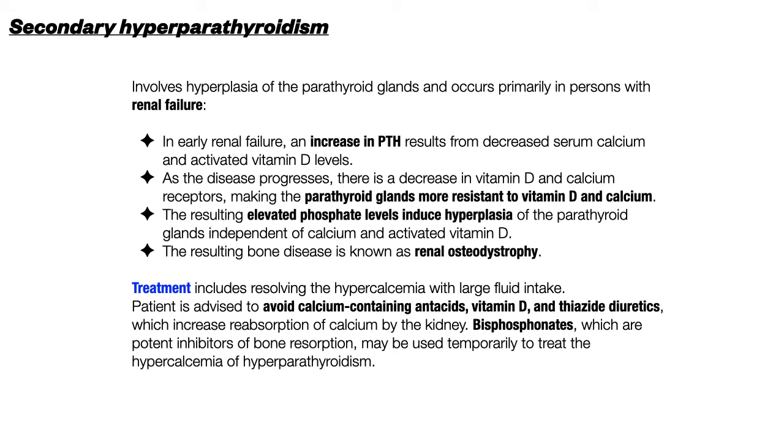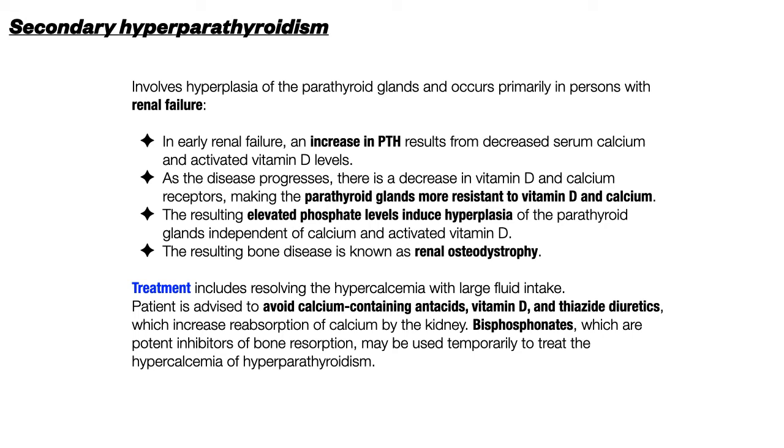So at the beginning of the renal failure, there is an increase in PTH due to decreased serum calcium, and this also activates high levels of vitamin D. Then the renal disease progresses, and that turns to a decrease in vitamin D and calcium receptors, and that makes the parathyroid glands more resistant to vitamin D and calcium.